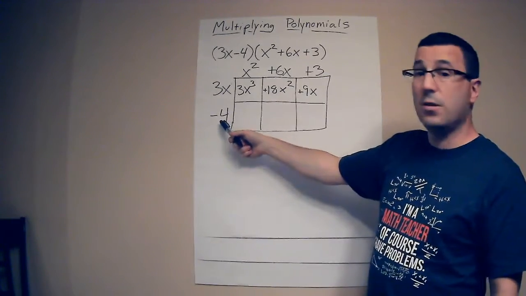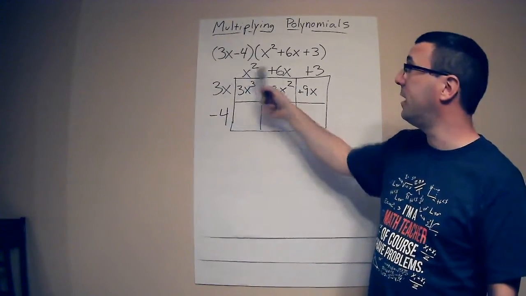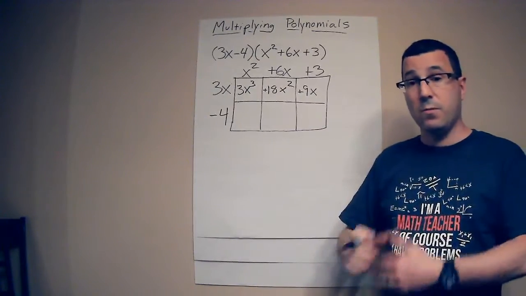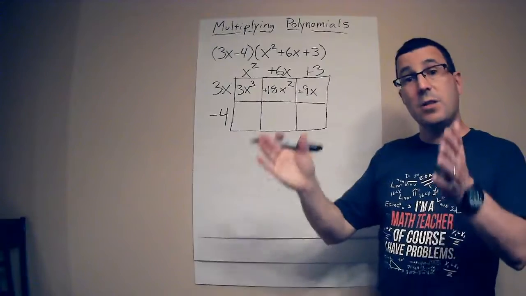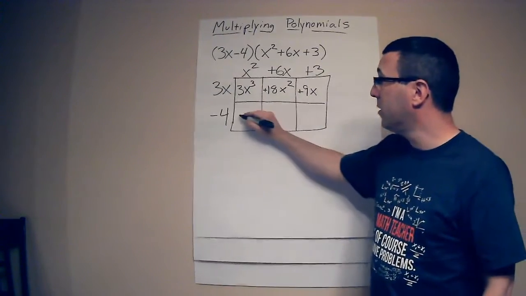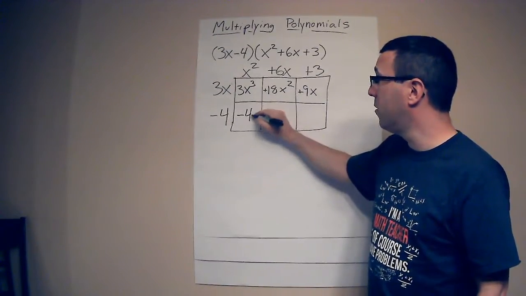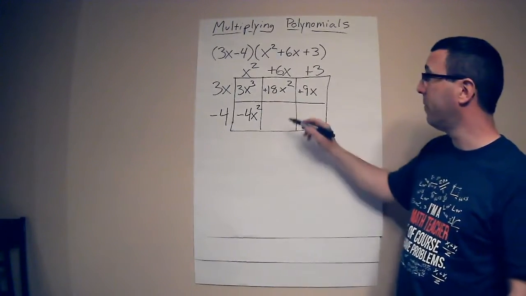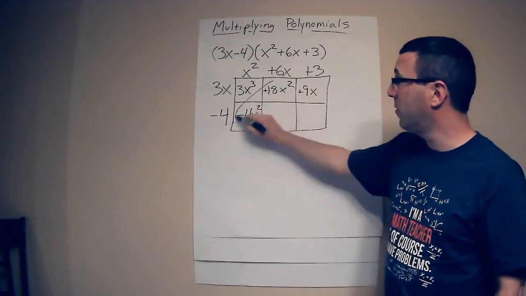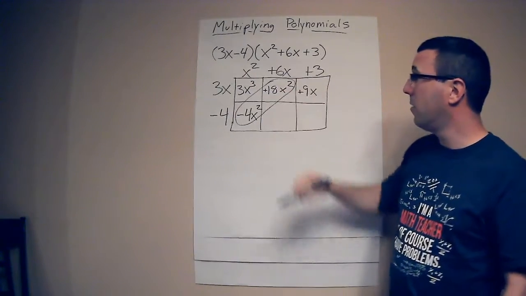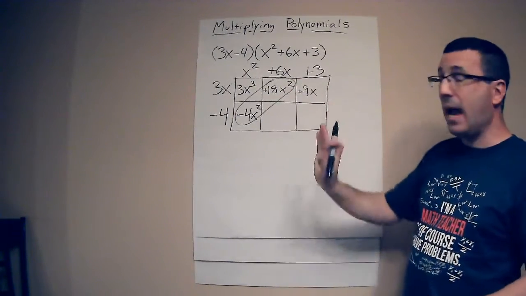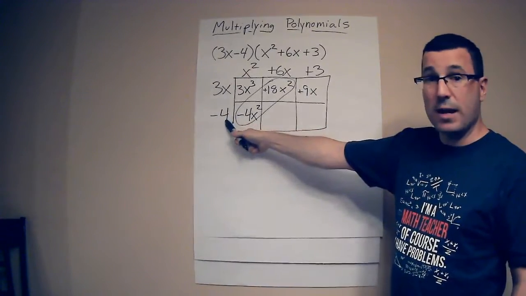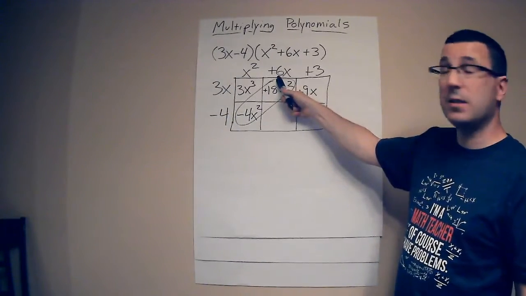I'm going to do negative 4 times x to the second power. Again, a number times a variable, we're just going to put those two things next to each other. So this is going to be a minus 4x squared. And if you look, our like terms are diagonally across from each other. Then we do negative 4 times 6x.